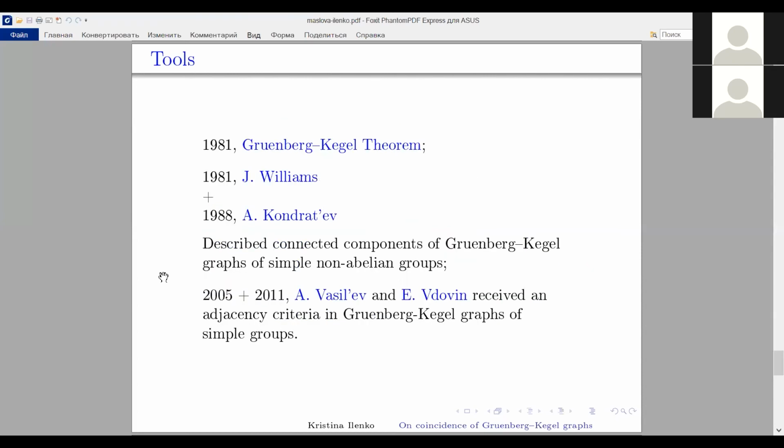The next tool is the Gruenberg-Kegel theorem, obtained in 1981. Besides, separately in 1981 by Williams and in 1988 by Anatoly Kondratyev, the connected components of Gruenberg-Kegel graphs of simple non-abelian groups were described.